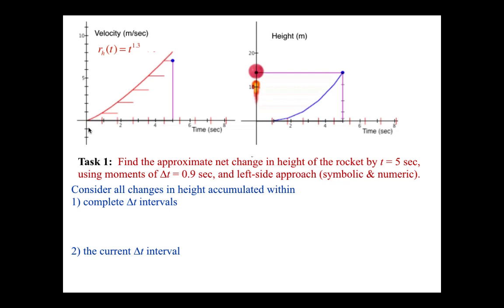But if you figure out where each of these intervals starts and stops, you can figure out where we're going to evaluate our rate function and how to measure the accumulation over 5 seconds. And by accumulation, I mean the height that was gained during those 5 seconds.